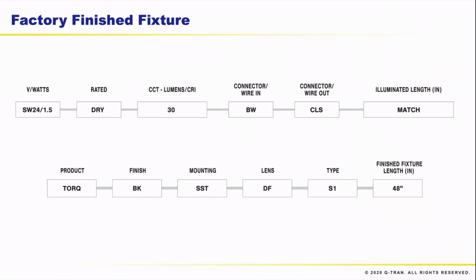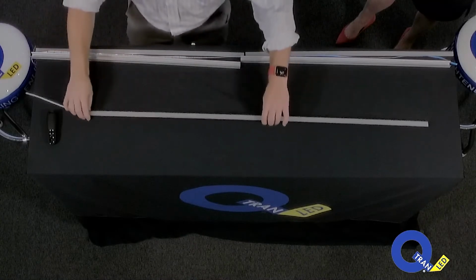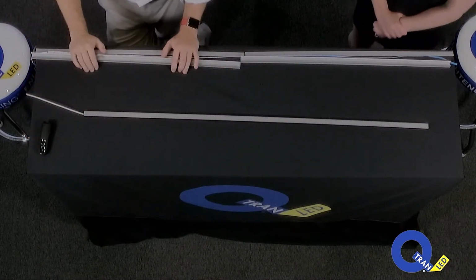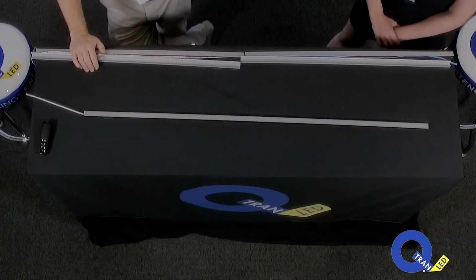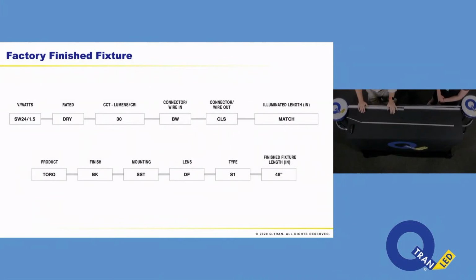In the middle of the table here, we've got this black large extrusion, and we also have the ordering guide for it. I'll go through that first. It always starts with the LED. So it's the static white, 1.5 watts per foot, dry.